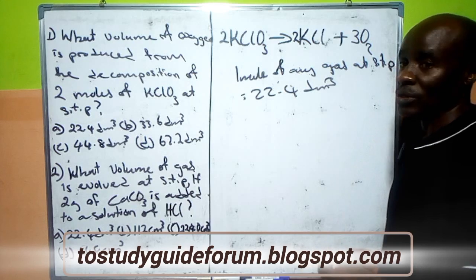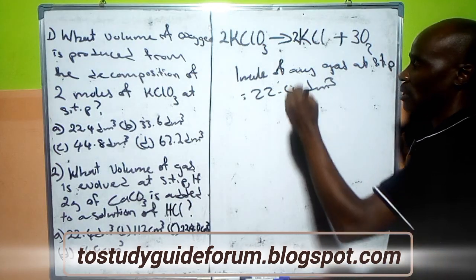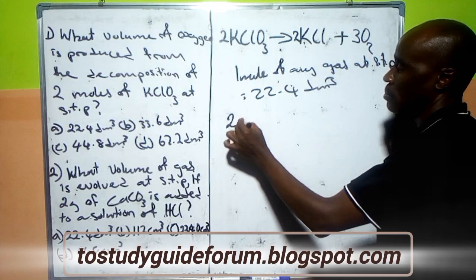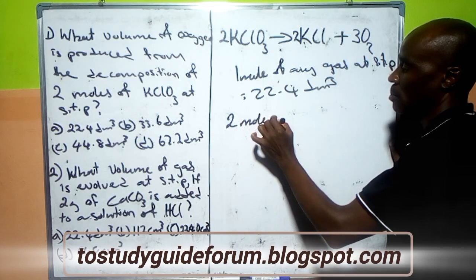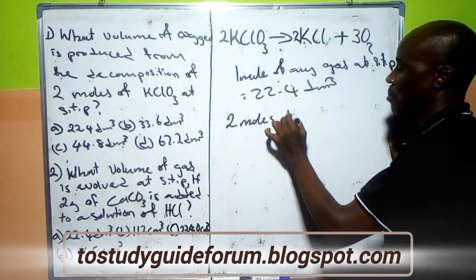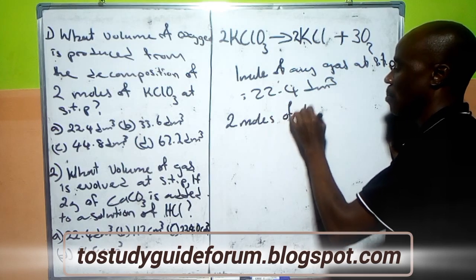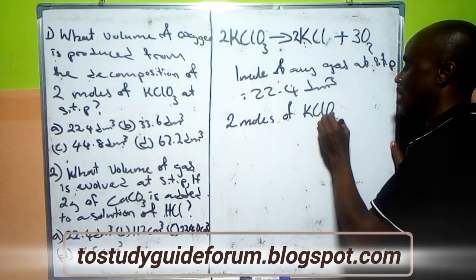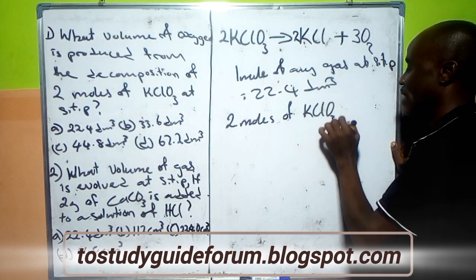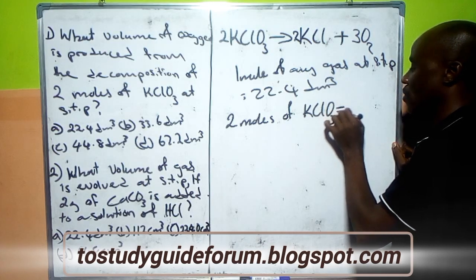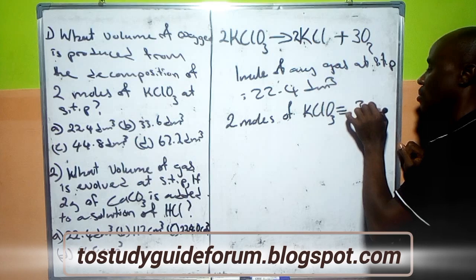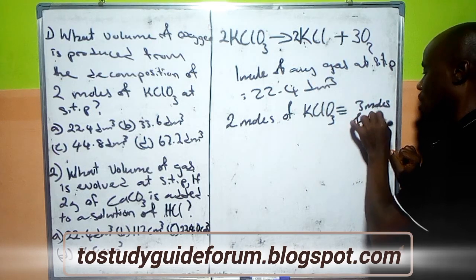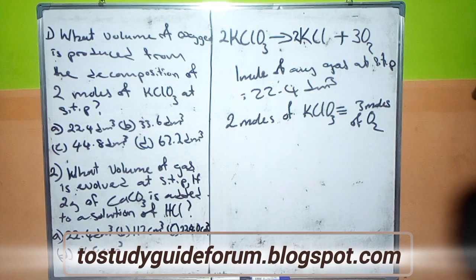Now, being that we're talking about gases, that means 2 moles of potassium trioxochlorate(V) will give us 3 moles of what? Oxygen. 3 moles of oxygen.